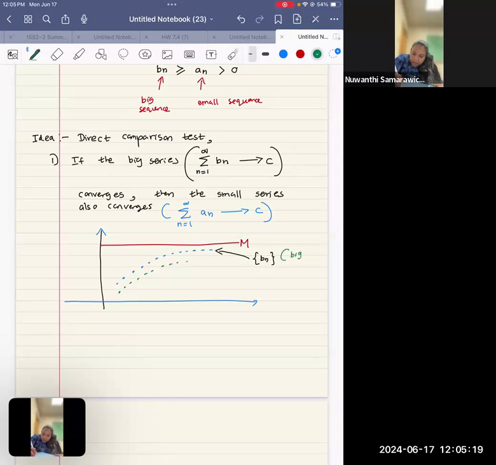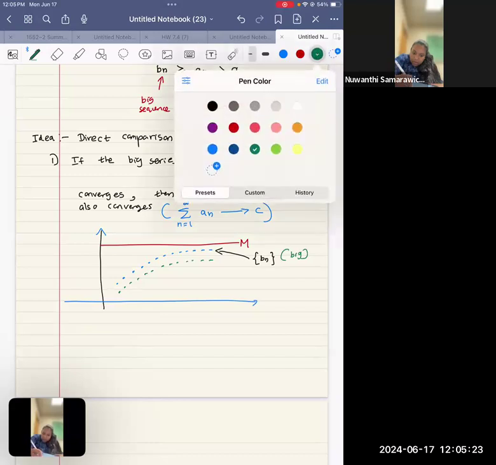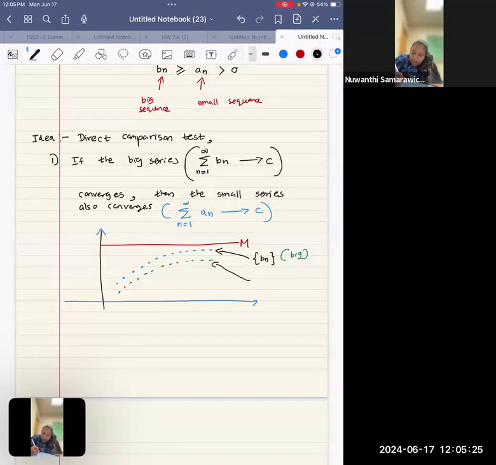Big one, and this is the smaller one. So if the big series is convergent, you see by the graph, the small series definitely converges because it also has a horizontal asymptote of M. Okay, that's the idea.